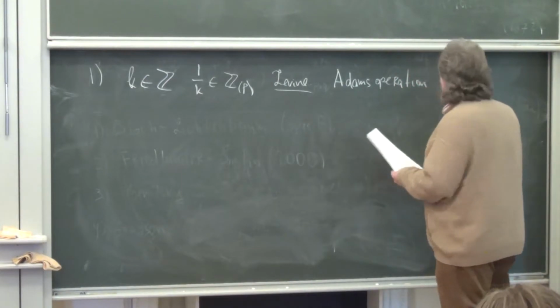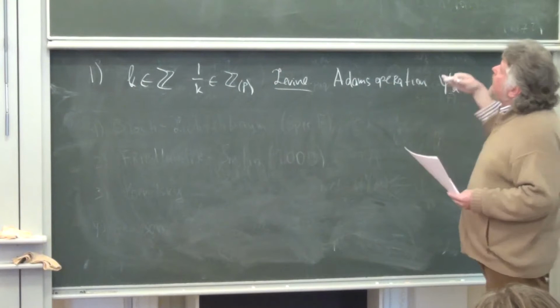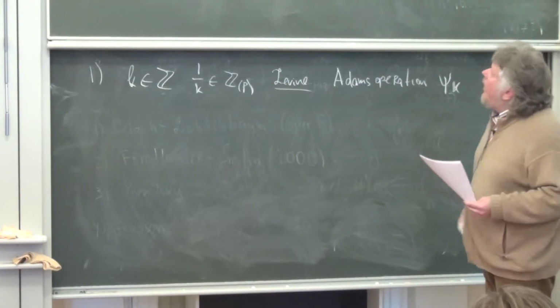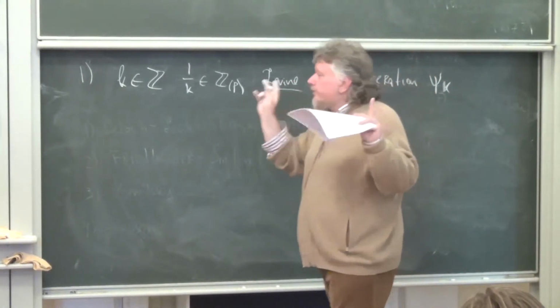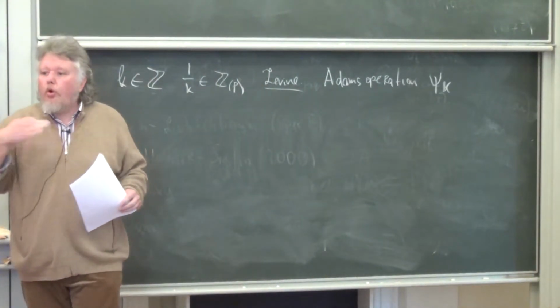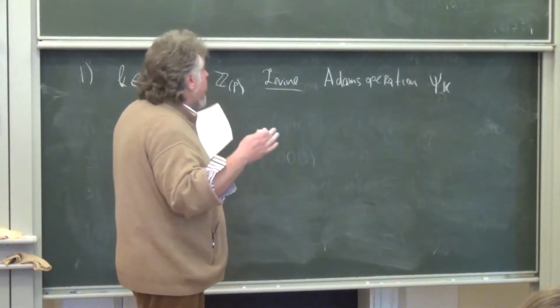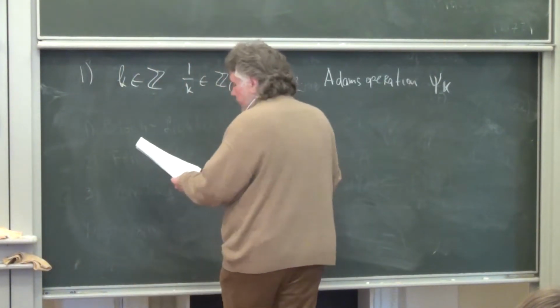We can construct Adams operation psi^k, which is of course an operation in K theory, but it also has a representation on the spectral sequence. So it acts on all terms of the spectral sequence, and it acts in a very tame way.